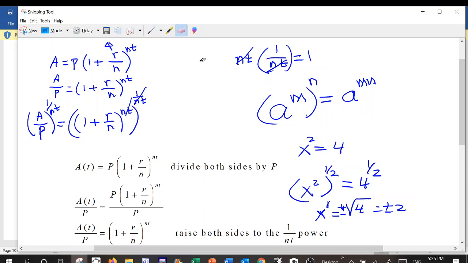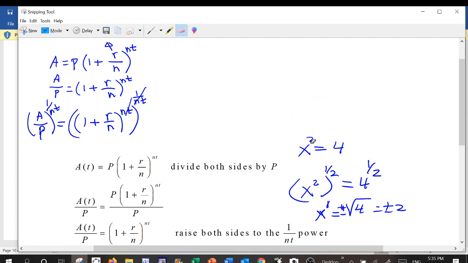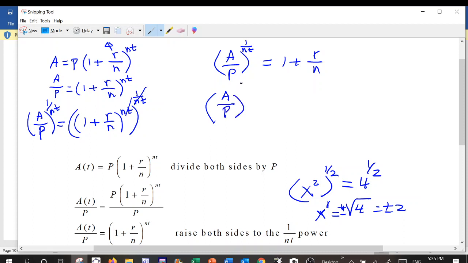So what we end up having here is that on the right hand side we just get 1 plus r over n. On the left hand side we have A over P to the 1 over nt. And now you move the 1 to this side, so you get A over P to the 1 over nt, minus 1, equals r over n.